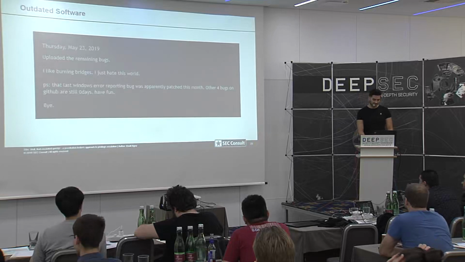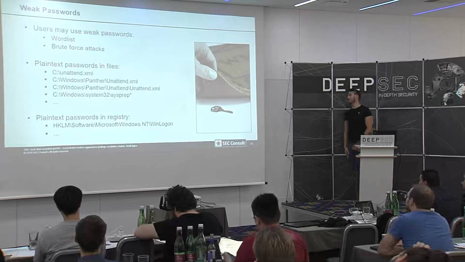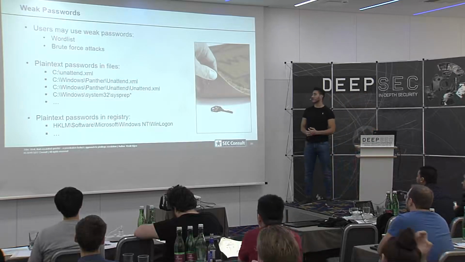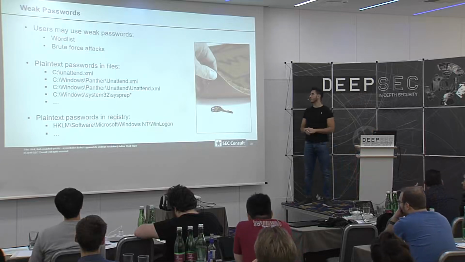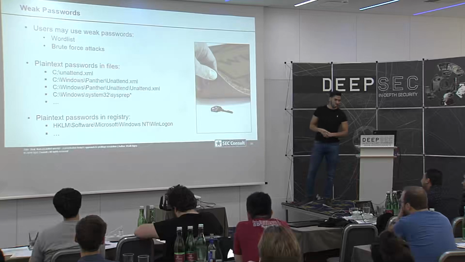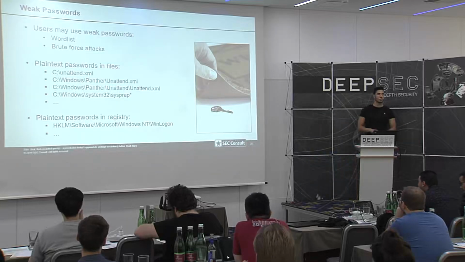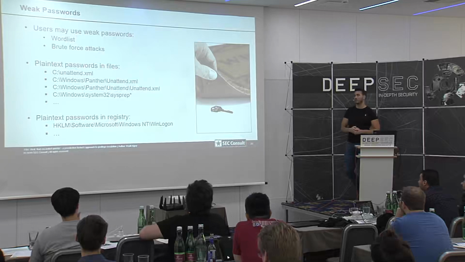Low-hanging fruit, weak passwords. So you could crack or try to brute force these passwords or find plain text passwords in different areas. I once was in a security assessment for a German bank, and they wanted to assess their own Windows, back then it was Windows 7 clients.